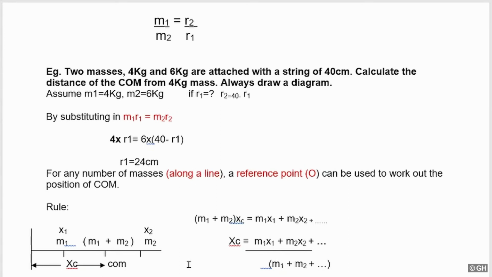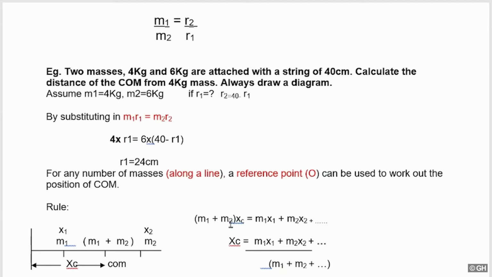So the rule is, if you multiply the mass and the distance, m1 x1, then m2 x2, add. If you have m3 x3 and so on, keep adding. So all the masses along the line are multiplied with their distances, and then the sum equals the total mass, that is where the center of mass is, where all the masses are concentrated.